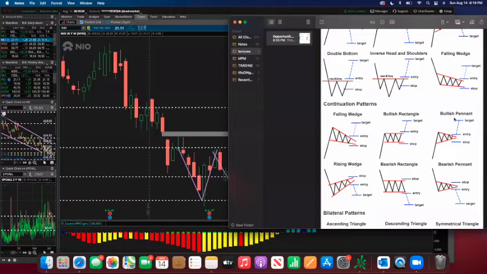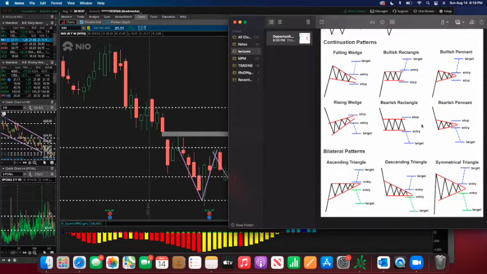It doesn't really matter. You don't need to know these like the back of your hand, but you need to understand the basic concept of what these patterns mean. Okay, look, rising wedge, pretty much the same thing as a bearish pennant. They're not much different. So don't try to overwhelm yourself and confuse yourself. Just simply play what it looks like.